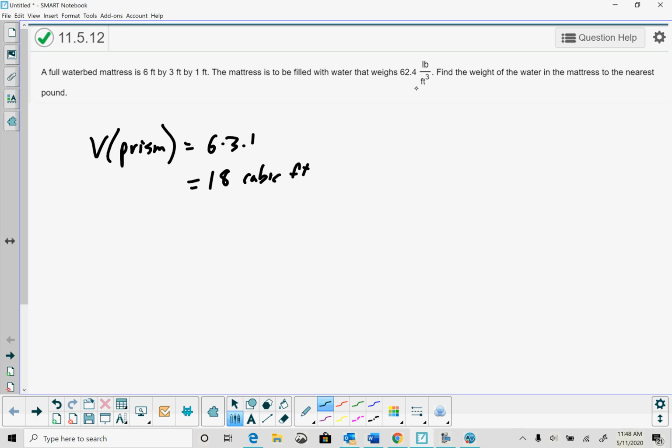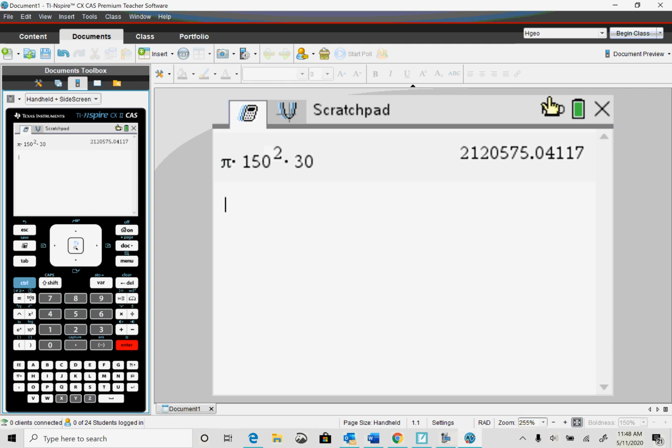And if for every cubic foot the water weighs 62.4 pounds, directions say round that off to the nearest pound, so 1,123.